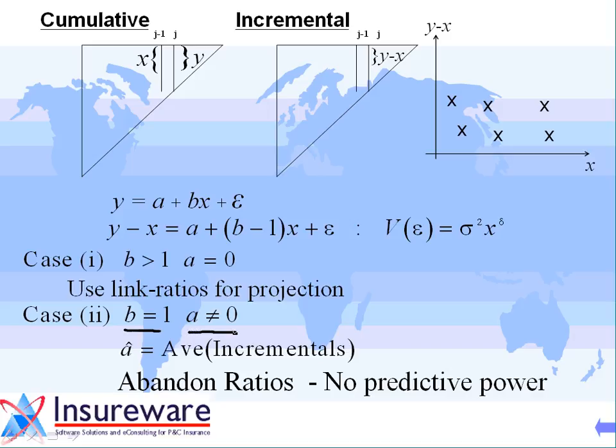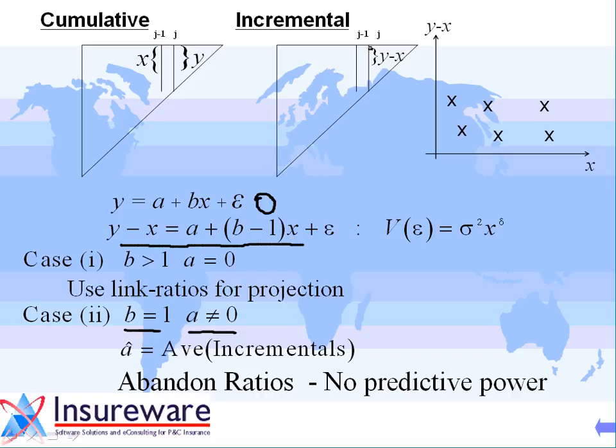Now what does that mean? Let's look at this equation here. If b equals 1, b minus 1 is 0. So to project the next year's incremental, I take the ratio minus 1, which is 0, and multiply it by x. Well, it seems like it doesn't matter what x is because I'm going to multiply it by 0. Let's do a graph.